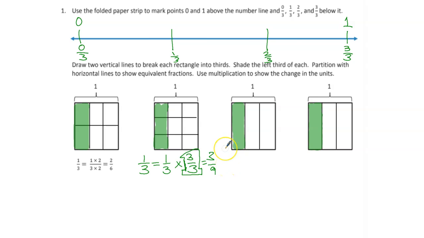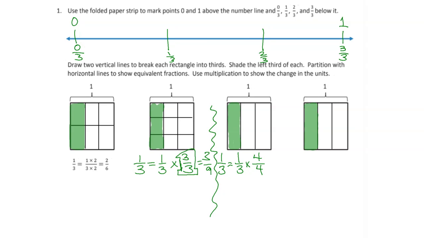Alright, let's take a look at the next one here. So we have our same, let's give it a little separation here. We have our same 1/3. We're going to say that that 1/3 is equal to 1/3 times 4/4. If we want to make 4 horizontal parts, we need 3 horizontal partitions.